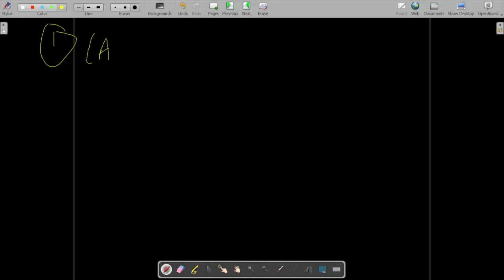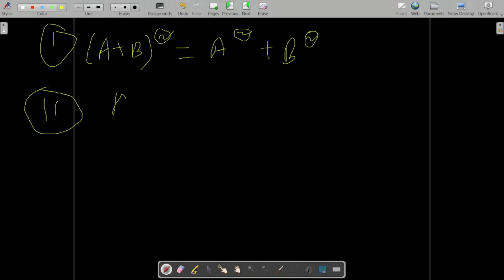So the conjugate of A plus B is equal to A conjugate plus B conjugate. The second property: the conjugate of A conjugate, when its conjugate is once again taken, gives you the original matrix.